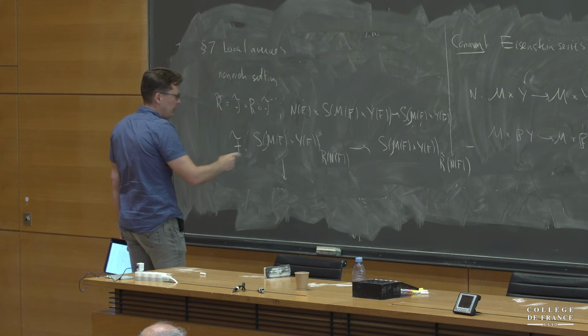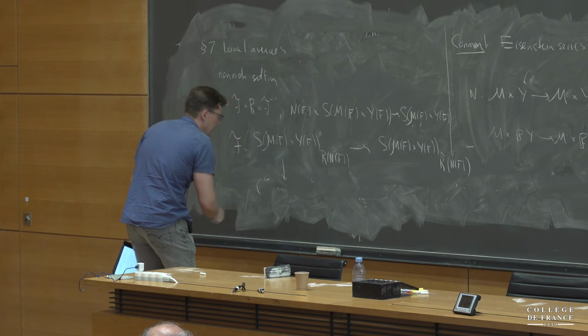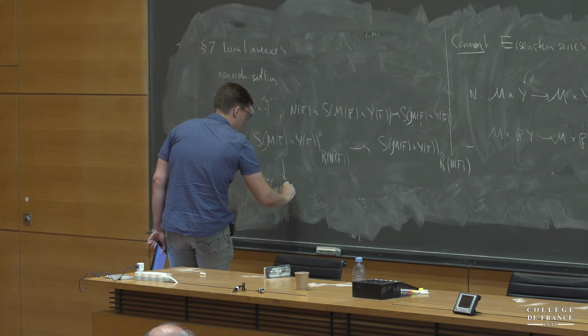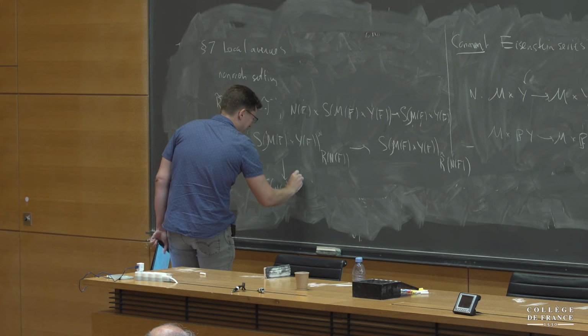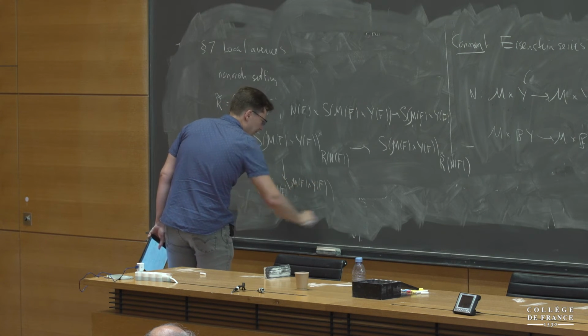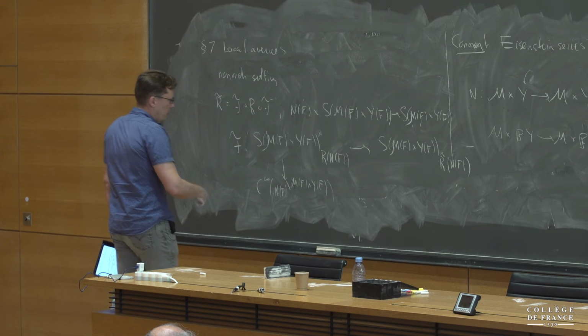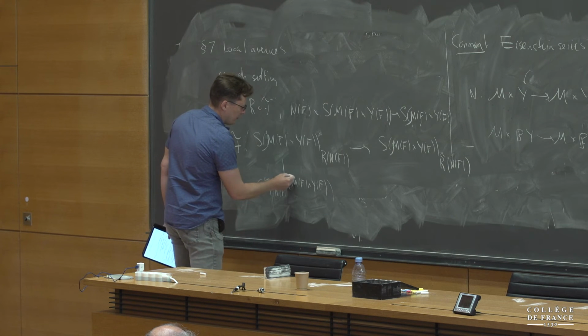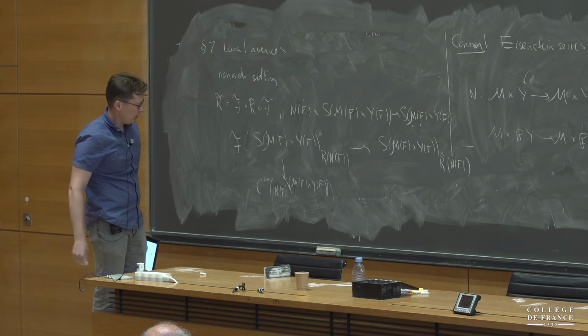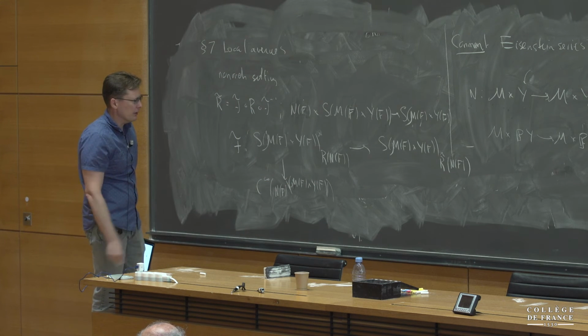There's a map from this to the space of smooth functions on NF, MF cross YF, at least if we throw out some, maybe I'll put a prime here. We want to look just at the locus on which NF acts freely.